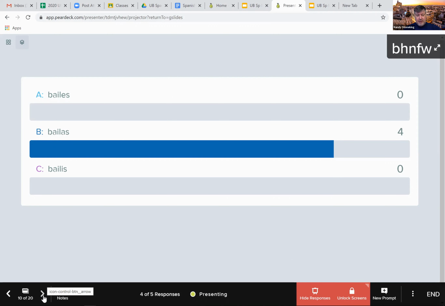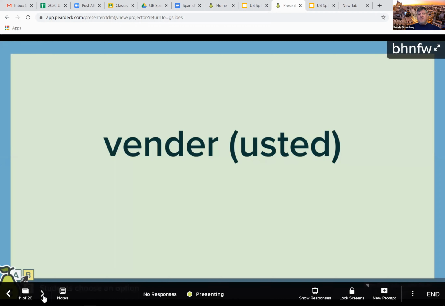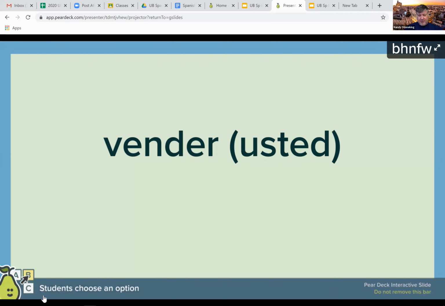Bueno, próximo, next one. The verb is vender. Usted is our subject. So which ending would we use for vender? Five, four, three, dos, uno.